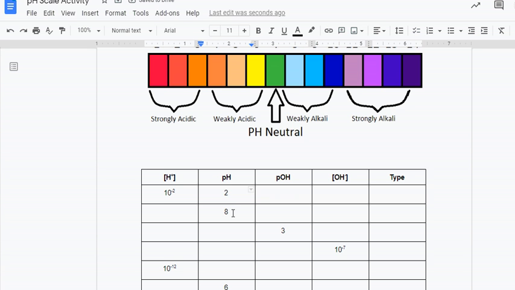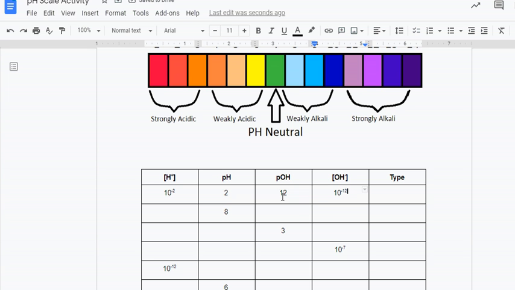Now I know that pH plus pOH must come up to be 14. So I think to myself, what plus 2 gives me 14? That's 12. Now I want to get the hydroxide concentration. Okay, that's easy for us to do. We're going to go 10, and then I'm going to do a negative 12 for my answer.